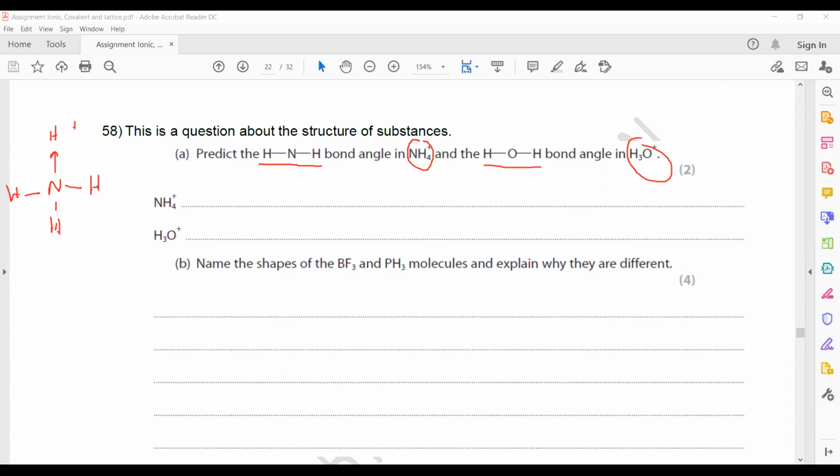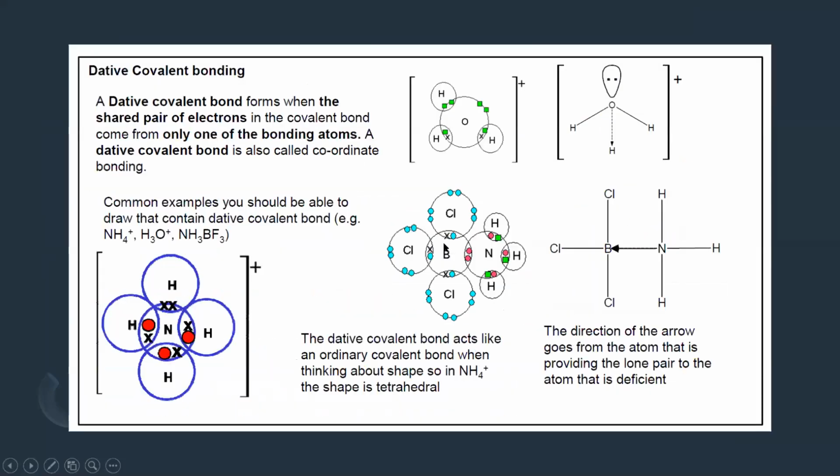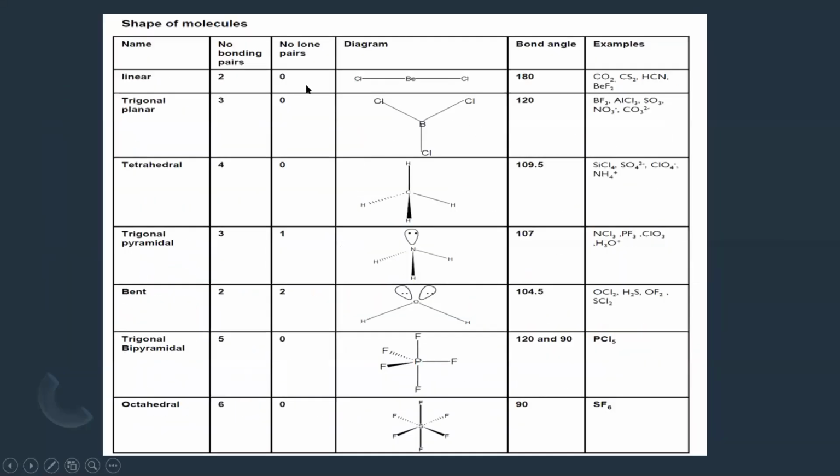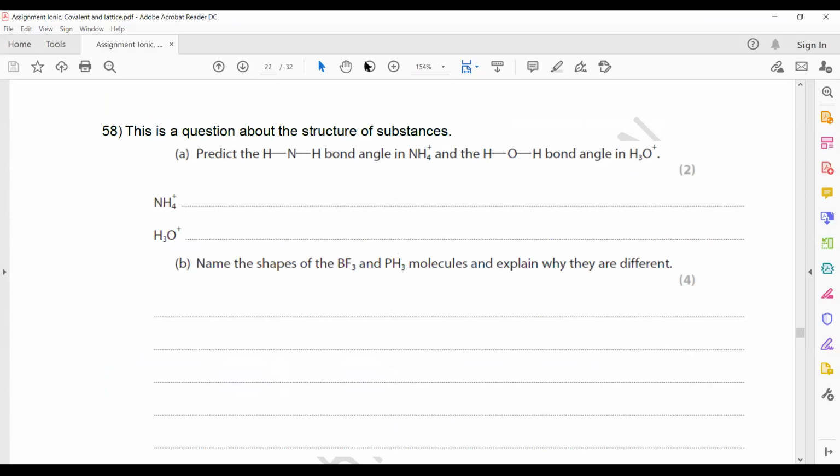So whenever 4 bond pairs are there, if you check the table, if we have 4 bond pairs and no lone pair, then it will be tetrahedral with a bond angle of 109.5. So when you predict this structure and the bond angle, it will be 109.5. When you are predicting H3O+, one is the dative bond, and still 1 lone pair is there.